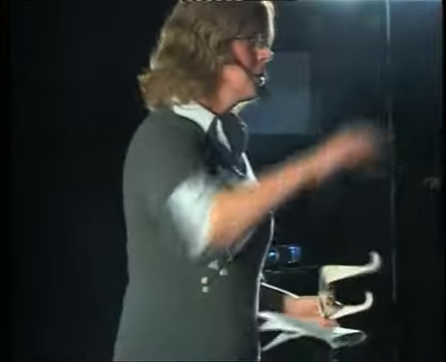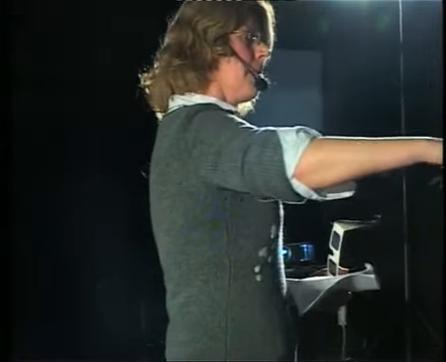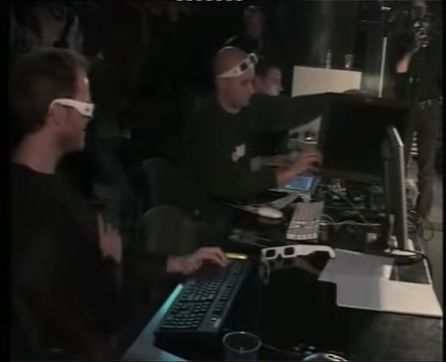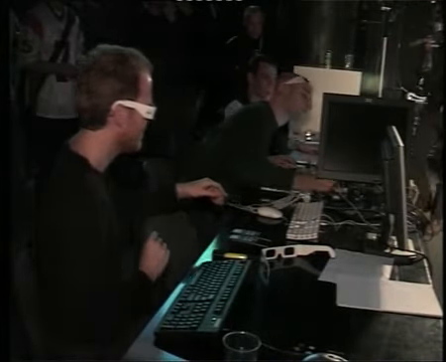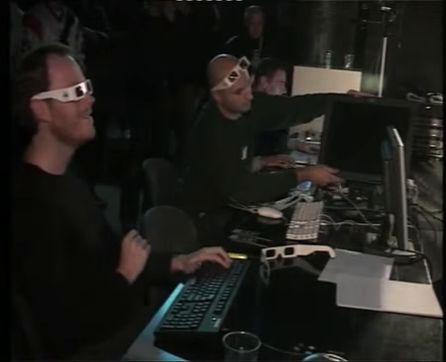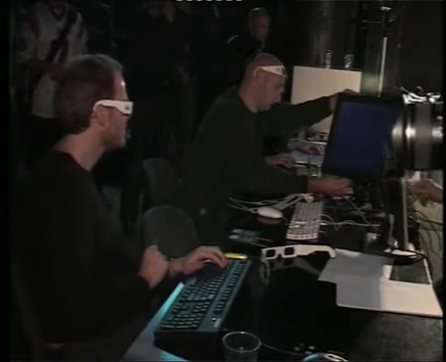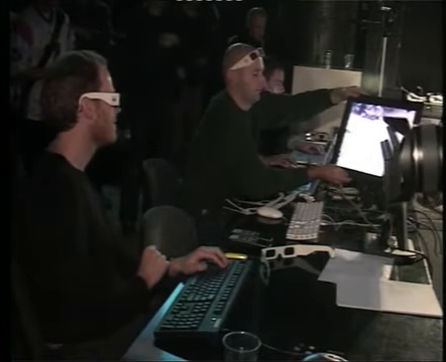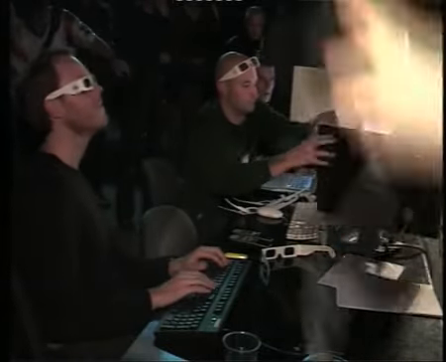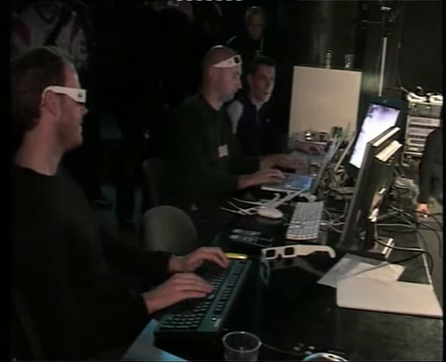Okay, I don't know if you can see on that side what Rob and Aart are doing. So you can see what I'm seeing.